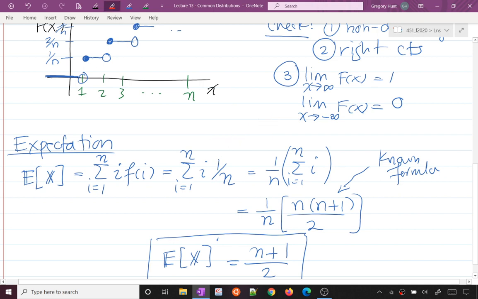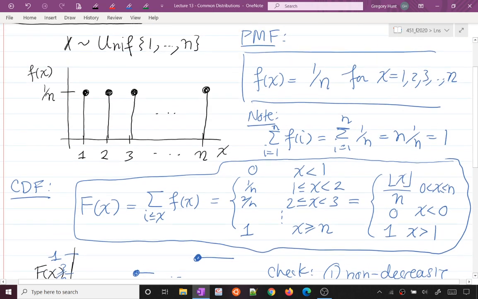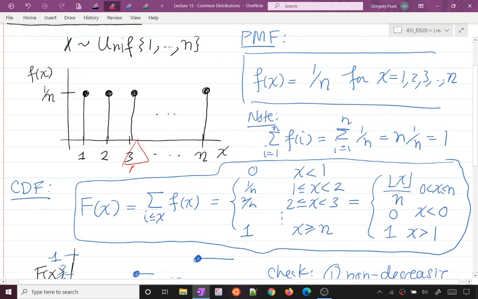Let's redraw this for the PMF. So my balancing point here is at n plus 1 over 2. And that makes sense because my probability mass is uniform on all these values, and so if I were to try to balance out these masses, I would just put it directly in the middle of them, the arithmetic average of them.